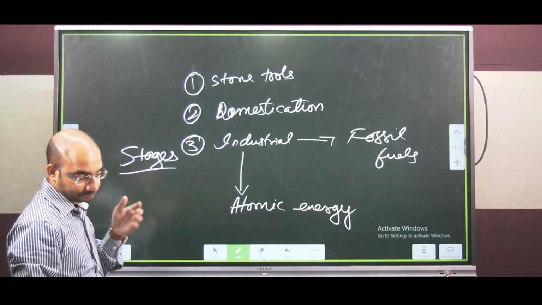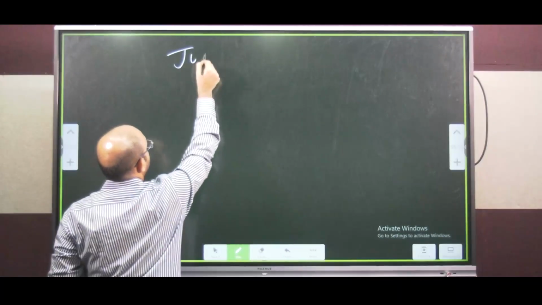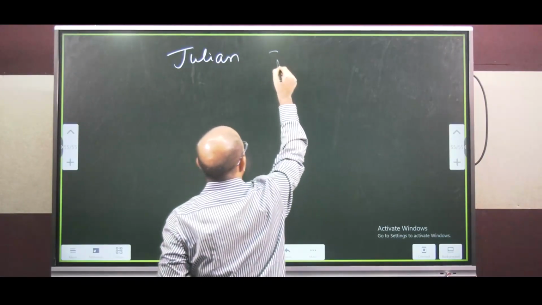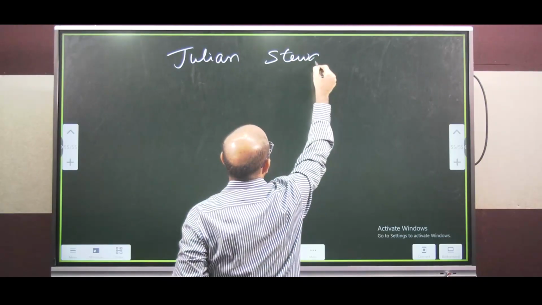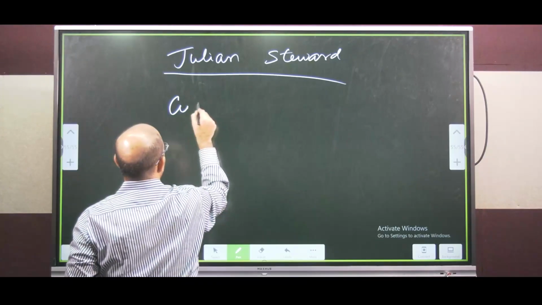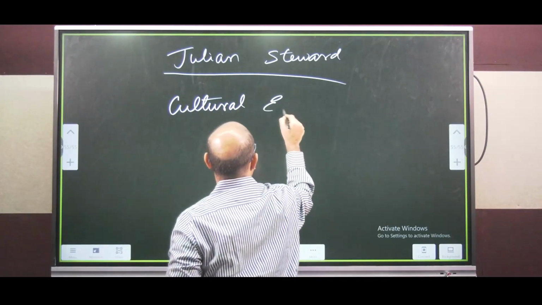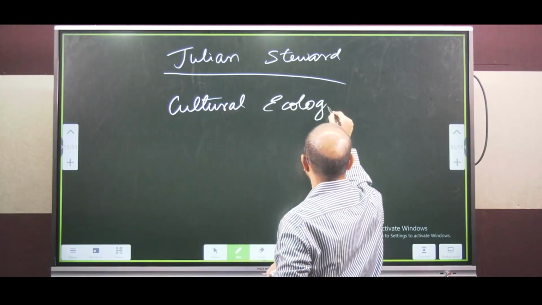Then Julian Steward. Julian Steward's approach is called cultural ecology. Describe his approach as cultural ecology and explain this. What is cultural ecology?